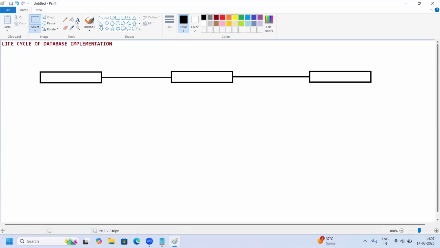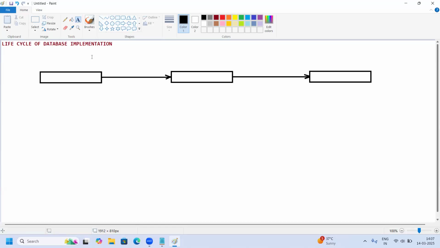And the flow will be from the first phase to the second phase, and from the second phase to the third phase. And what are these 3 phases called?